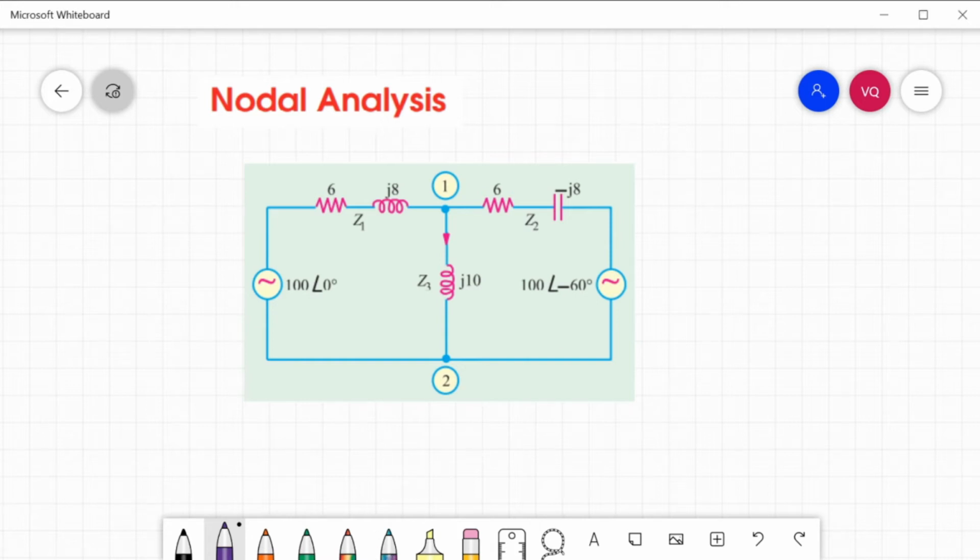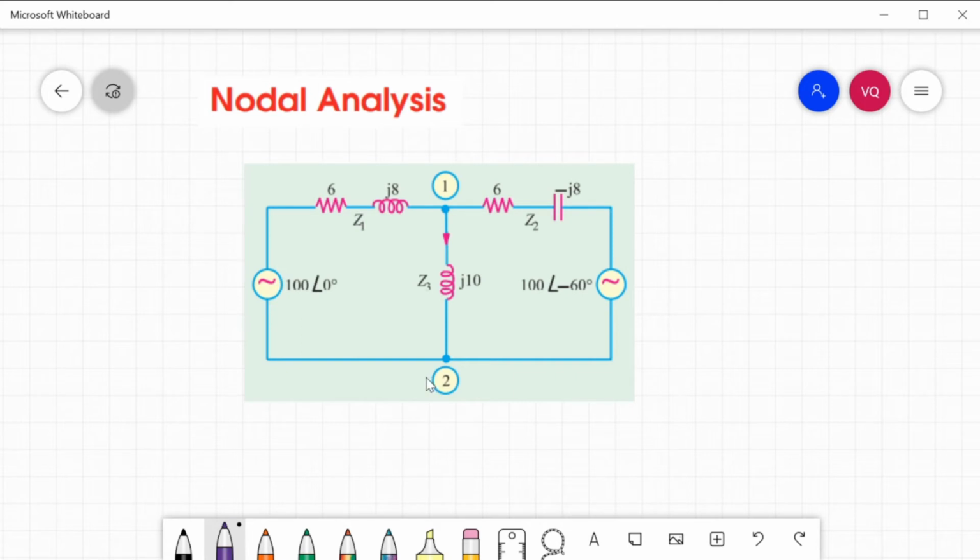So in nodal analysis, if 3 branches meet at one point, that is what we call the node. One of these nodes, in our example, will be our reference node, or the zero potential, or the datum node. For this circuit, we have 2 nodes.